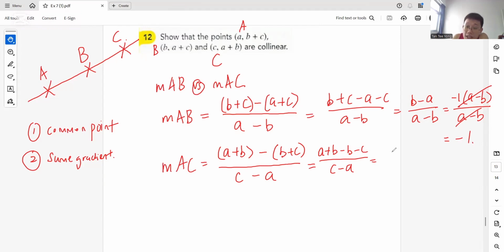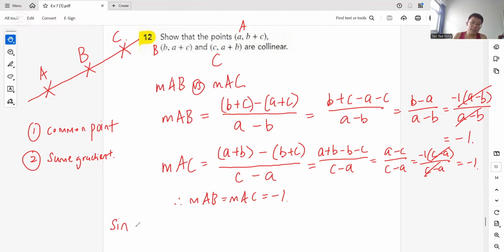That is a minus c over c minus a, which is negative 1. Factorize the top, so c minus a over c minus a, I can cancel the whole thing and it goes to negative 1. Therefore, the gradient of AB equals the gradient of AC, which is negative 1.